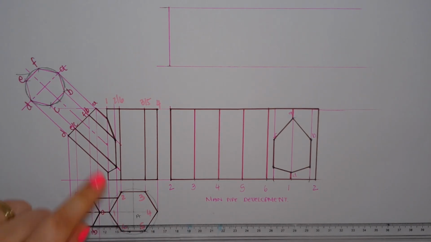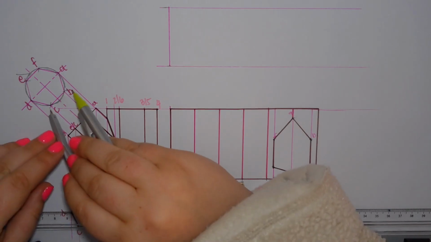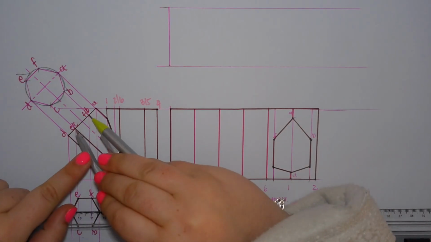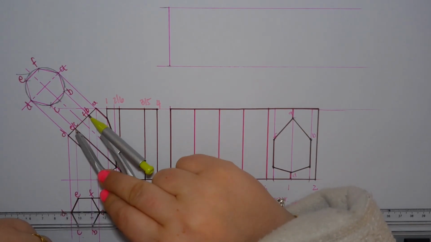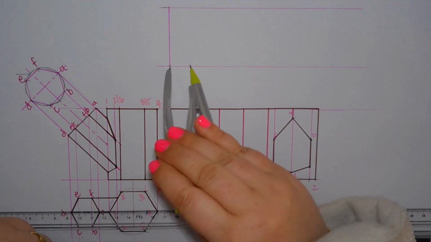So this is a hexagon. I'm also going to need 6 equal spaces, but I need to measure my side of the branch pipe. And then I'm going to make 6 marks.